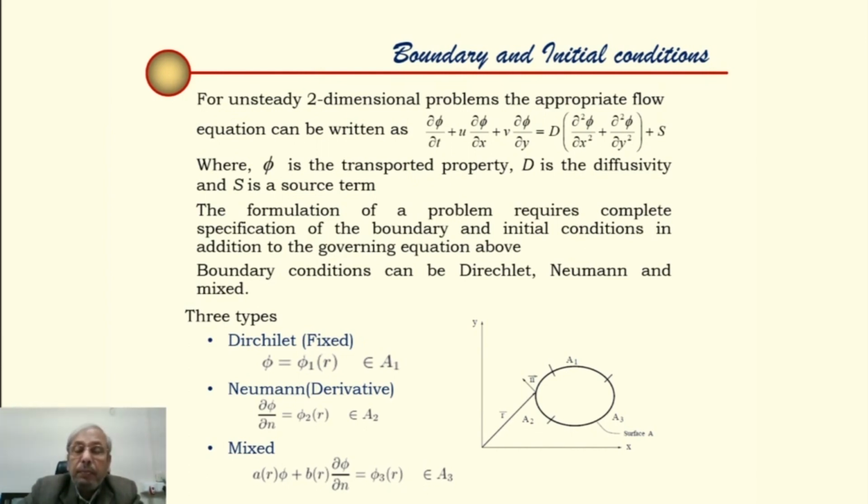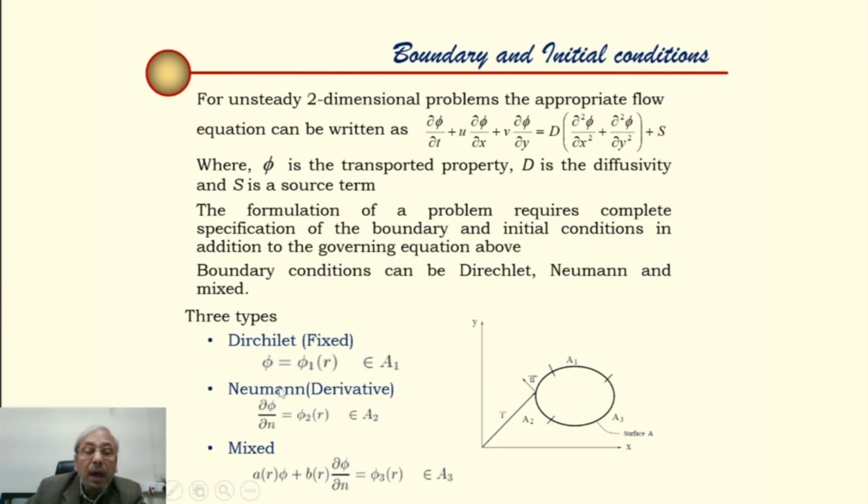Now, boundary conditions may be Dirichlet condition, Neumann condition, or mixed condition. If it is Dirichlet condition, then the value of the dependent variable will be directly specified. For example, here over A1, we have said that the value of the dependent variable is directly known.